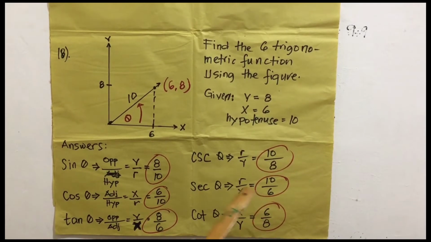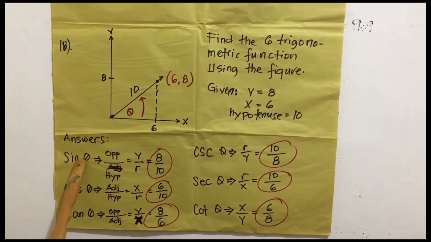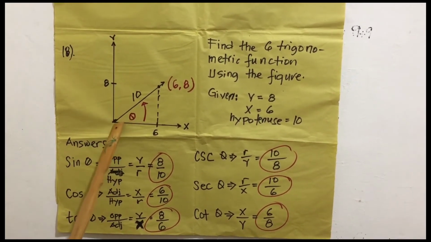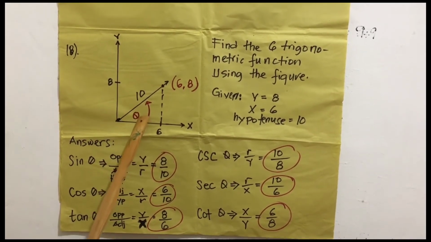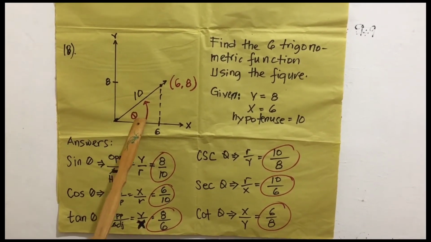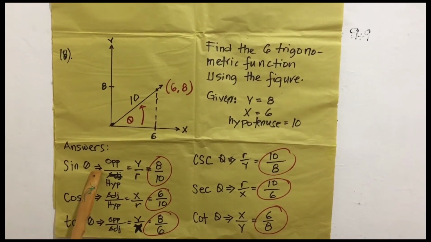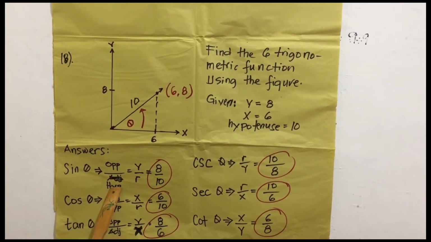Now our answers for the 6 trigonometric functions, we have sine theta. So this theta means the angle from the origin here. So this is the angle, this is the theta. The theta is a Greek letter. Now, for sine theta, our formula is opposite over hypotenuse.